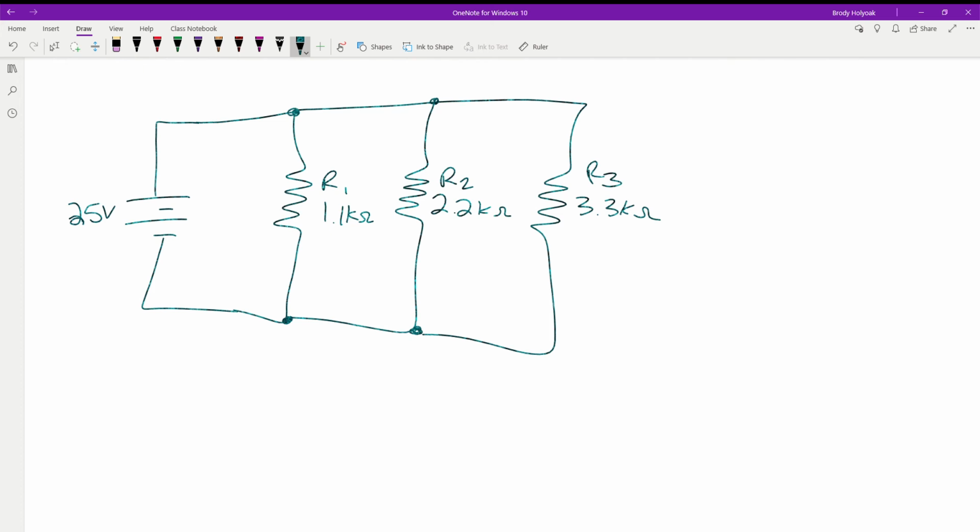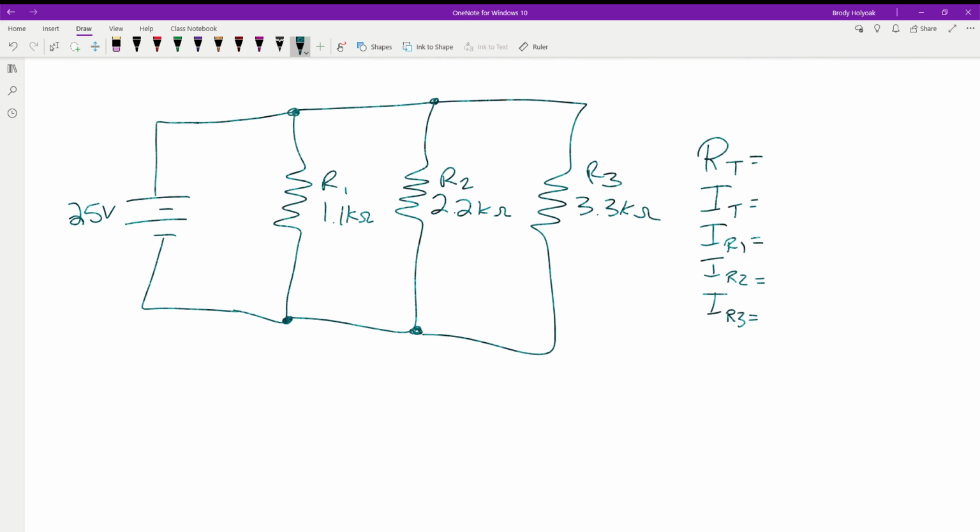So, looking at this circuit, we need to find out what our resistance total is, what our current total is, the current through R1, the current through R2, the current through R3, and we'll talk about the other values. So keeping in mind, voltage is going to stay the same in a parallel network.